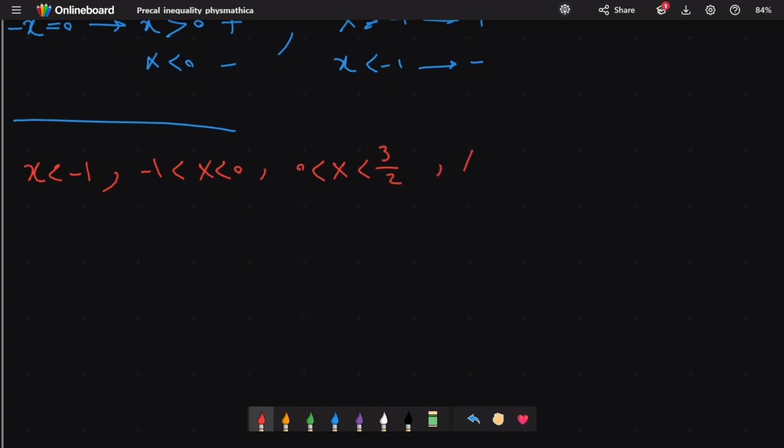And in the end, the other critical point gave us the range of x being bigger than 3/2. Now let's take a look at this first case, when our x is less than minus 1. When that happens, what happens to this factor, e to the power of x minus 1? So this is clearly going to be minus. For this factor, x to the power of 2 plus x plus 2.